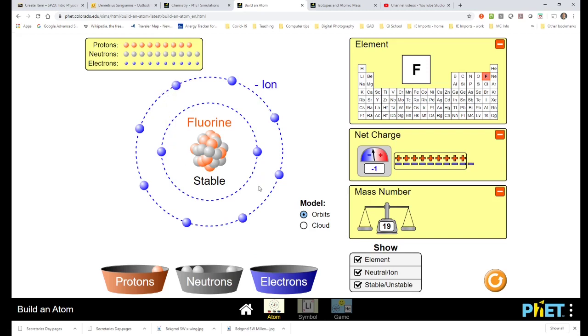So fluorine is more likely to form a -1 charge. So fluorine, a -1 ion. Fluorine will gain an electron to fill up its second main energy level to become a more energetically stable outer shell.